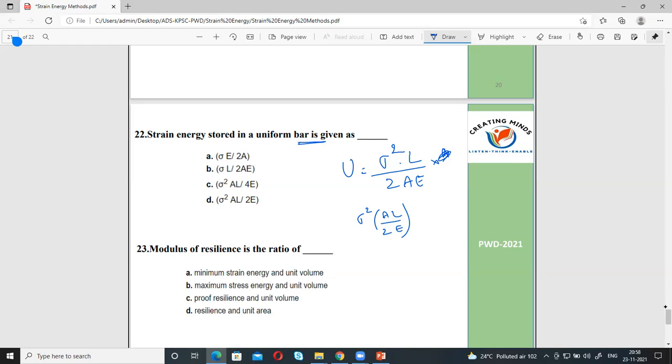Any other answers? See, I think if we use pi square, then this is the answer: sigma square L by 2AE. Or any other answers? Sir, it's option D, sir. What is the equation?